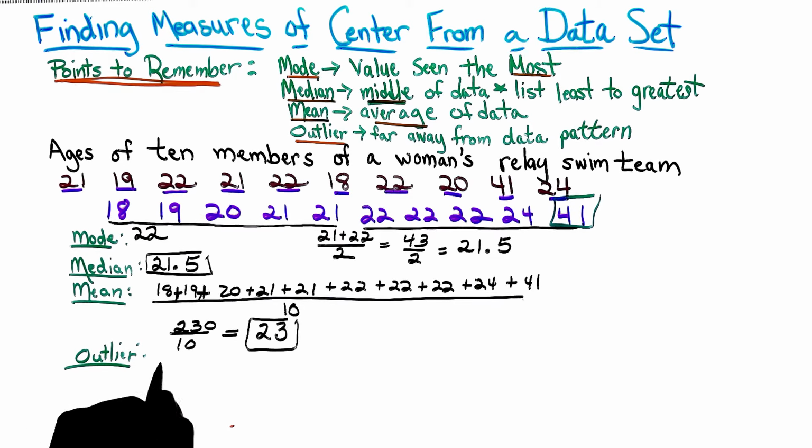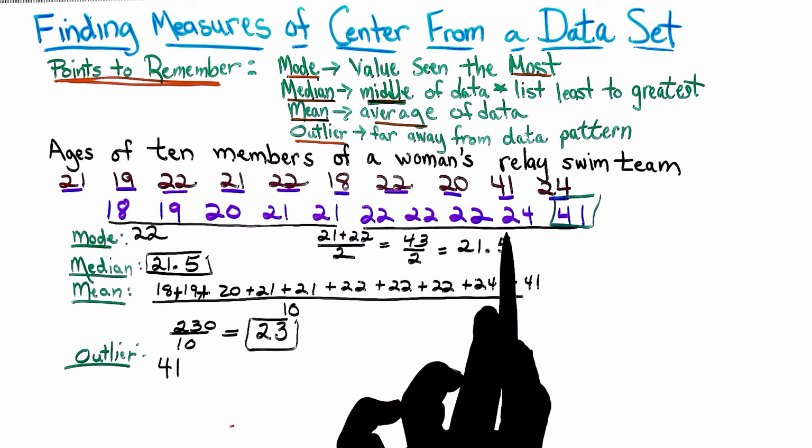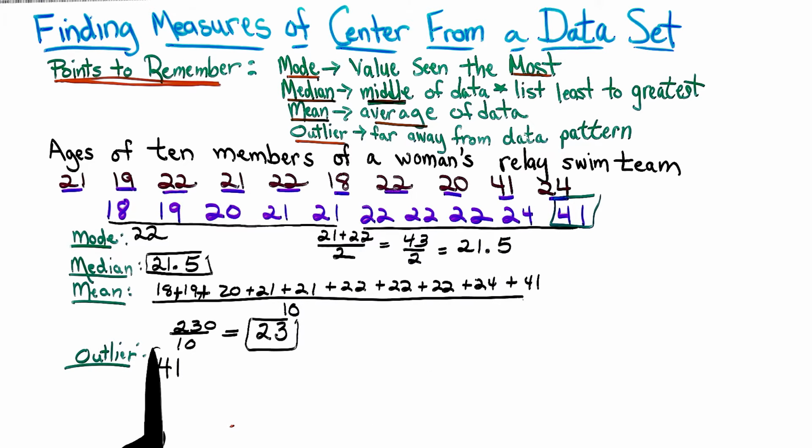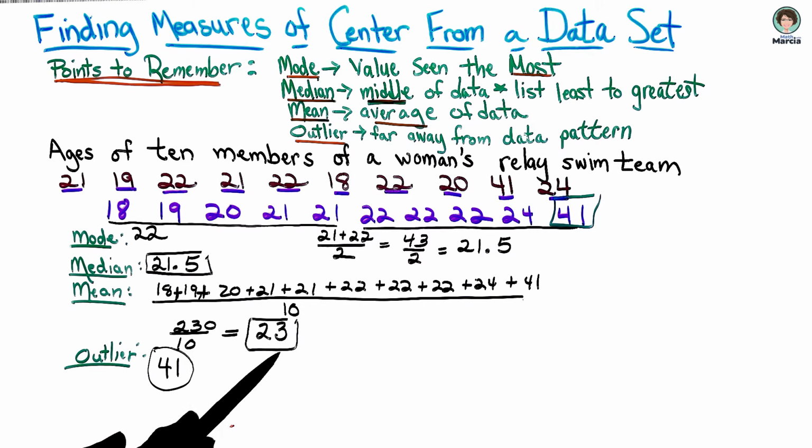But we had one 41, which is an outlier; the rest are all real close together. When you have an outlier, it will definitely affect the mean, and the mean of the ages went up because of this 41-year-old.